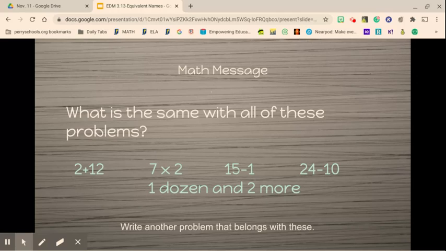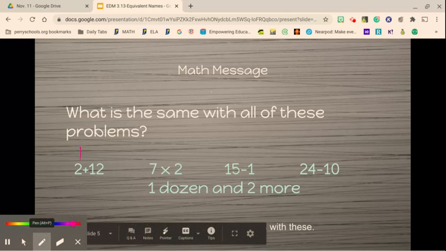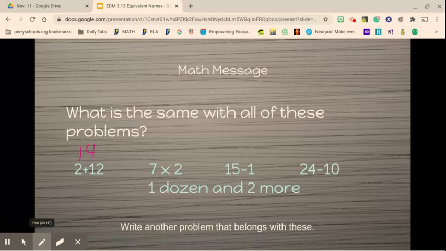So when I look at this, I can see that 2 plus 12 is 14. 7 times 2, if I count by 2s, 2, 4, 6, 8, 10, 12, 14, I get the answer 14. 15 minus 1, 14. 24 minus 10, 14. 1 dozen is 12, and 2 more is 14 as well. So what other way can we make 14?